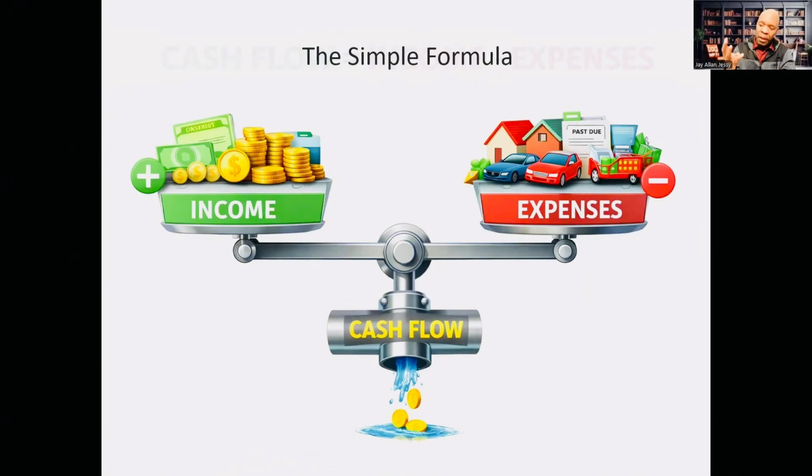And there are three ways you can have cash flow. There's positive cash flow, which means this is the money you keep after the expenses. But you might have negative cash flow, meaning that your expenses are more than your income.